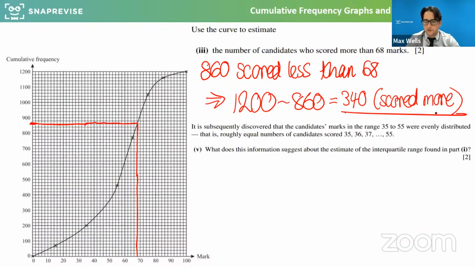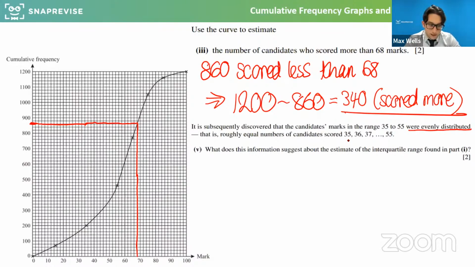Right, now this next bit is really interesting because it's a weird sort of question to follow up with. So it is subsequently discovered that the candidates' marks in the range from 35 to 55 were evenly distributed. That is roughly equal numbers of candidates scored 35, 36, 37, and so on, all the way up to 55. Then it says, what does this information suggest about the estimate to the interquartile range found in part I?